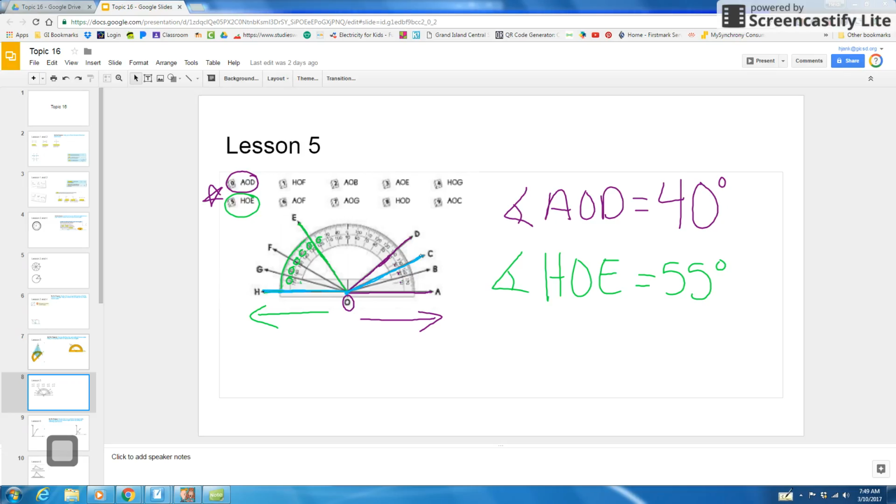Okay, is it a 90-degree angle? How does it relate to a 90-degree angle? So you're doing H, O, C. Okay, go ahead and take your guess on what you think that angle is.